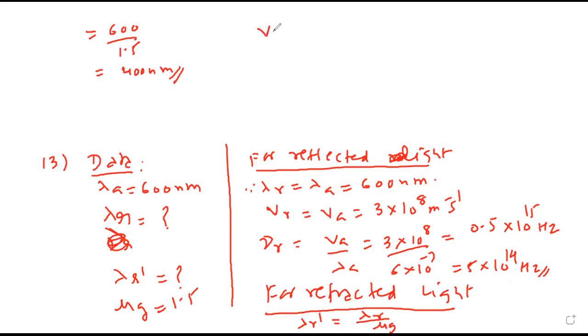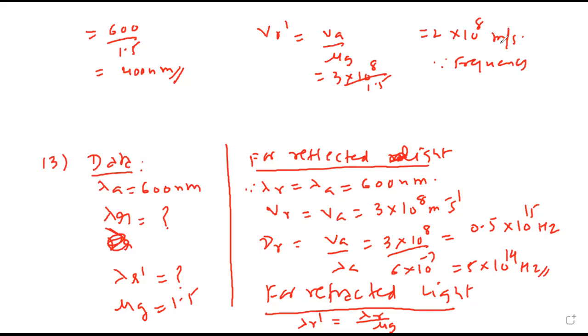Then speed of refracted is speed in air upon mu of glass, 3 into 10 raised to 8 upon 1.5. So 2 into 10 raised to 8 meter per second. Then since frequency remains same, therefore frequency of refracted is same as that reflected, which is 5 into 10 raised to 14.